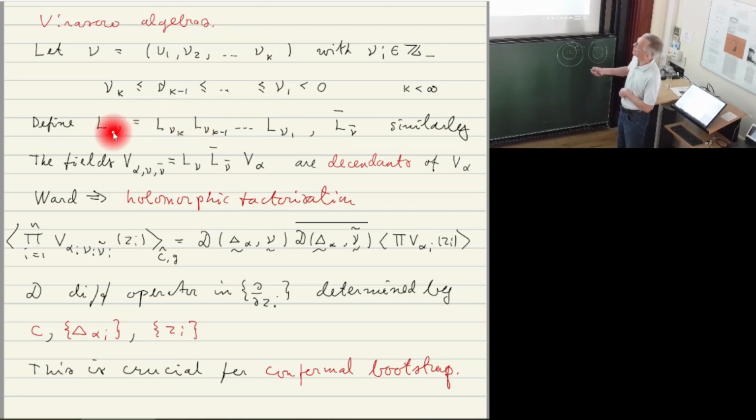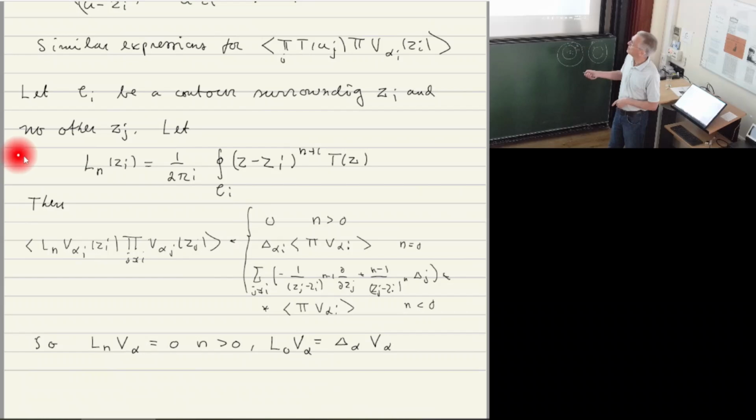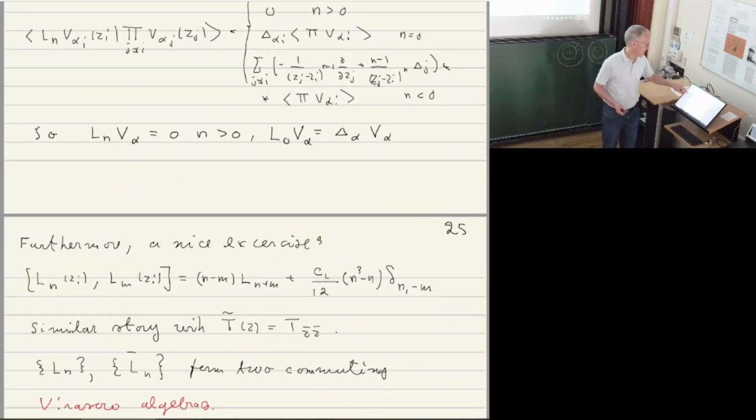And define the operation where I do this in that order, and the same thing with the other. Then the fields where I act with these contour integrals: so now I have nested contour integrals around the point, first with some number nu1, then a bigger contour around that, another around that, etc. And I do that operation.